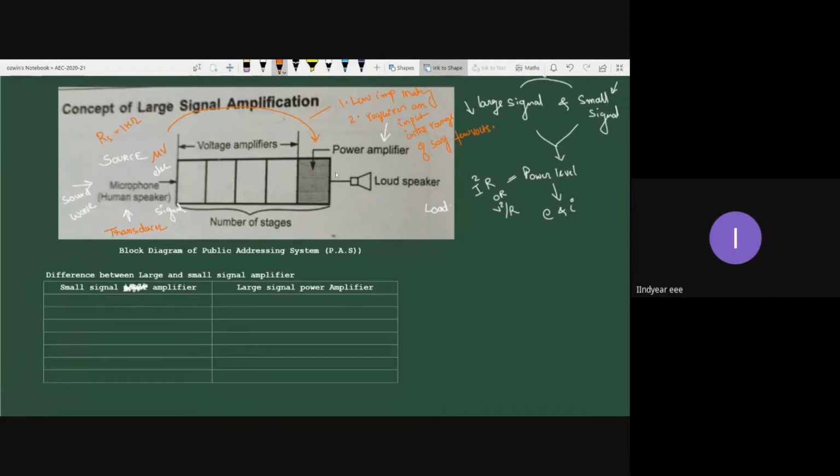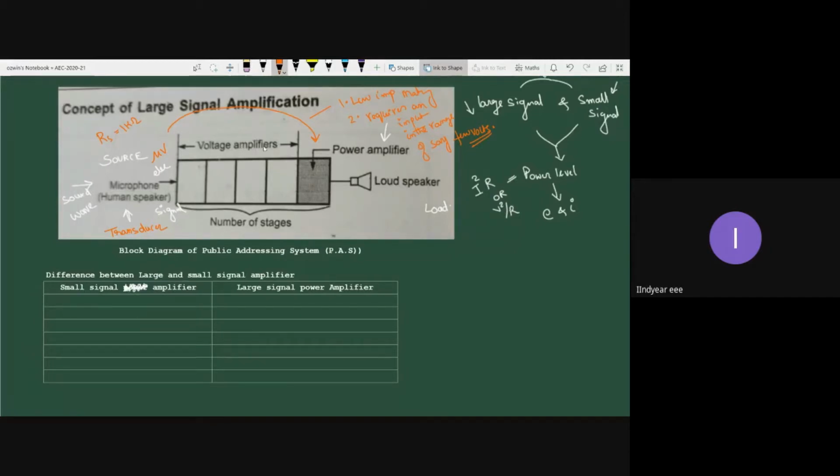The power amplifier requires the incoming signal to be in a few volts level. But what is the voltage level of the output of the microphone? It is in microvolts. So it requires the signal to be in volts, but you are actually feeding a microvolt signal, right? So there won't be any amplification taking place because your power amplifier will be in an inactive state, because the signal handling capacity is improper.